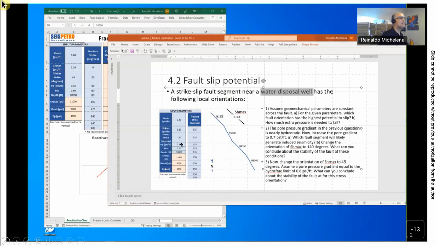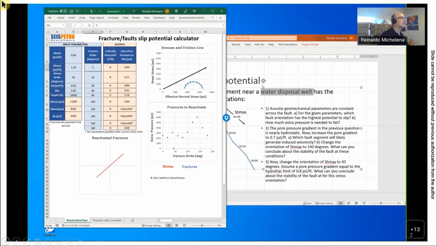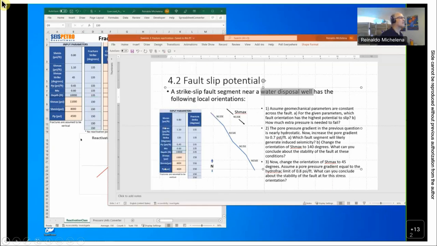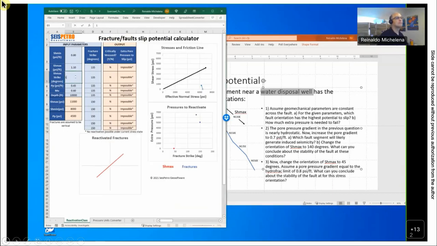And then these are the two orientations, 135 and 150. So I'll come here and type 135. We'll put only two orientations, and then we put 150. We only have two orientations here. And then the orientation of the maximum horizontal stress is 130. So instead of 45 here, we put 130.